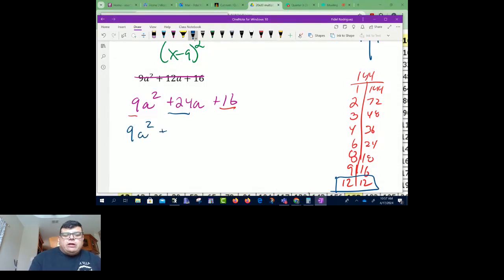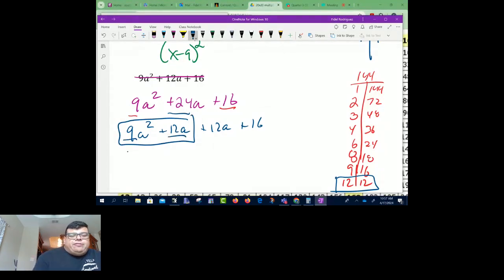So, 9a squared plus 12a plus 12a plus 16. Right here, I can take out a 3 and an a, and I'm still left with a 3a plus 4, since 3 goes into 12 four times.